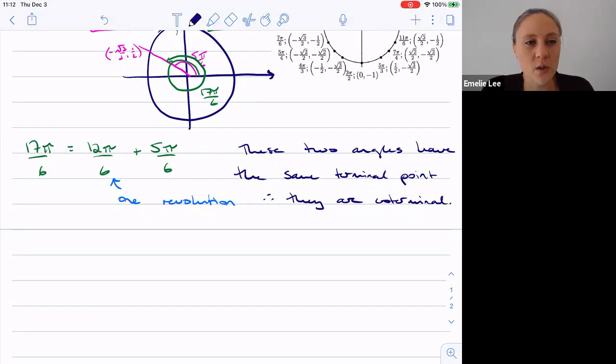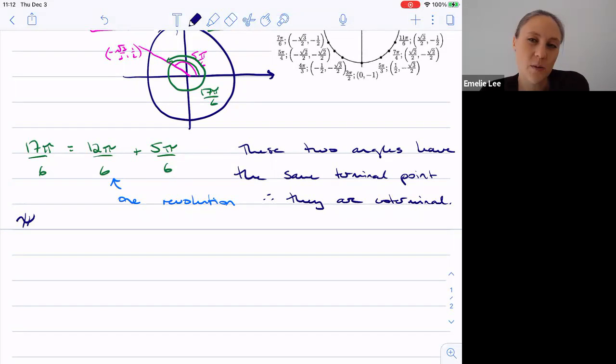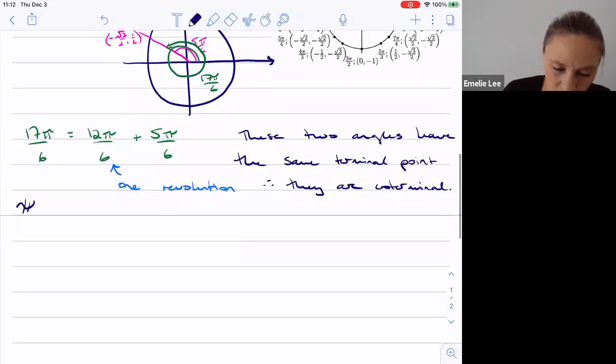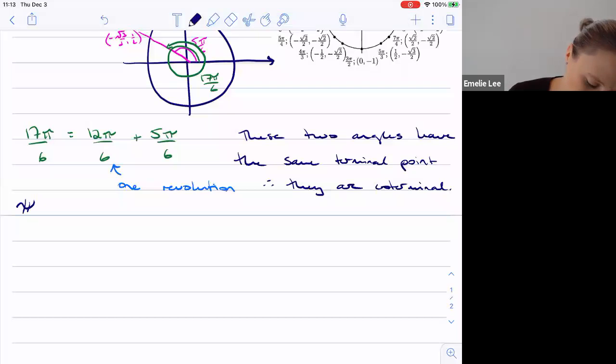Okay. So we'll leave that there, and we'll call that the end of the review, because now I want to get into just 6.2. There's just 2 things that I want to pull in from 6.2, and then we'll move on to 6.4, which is inverse trig.